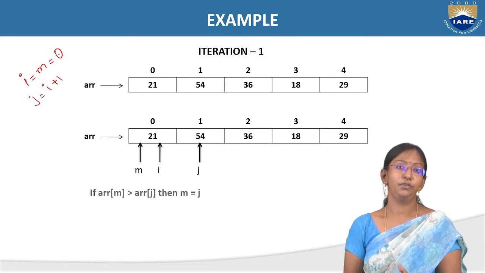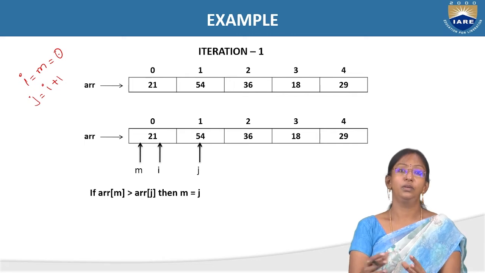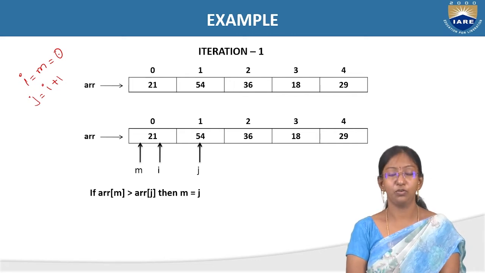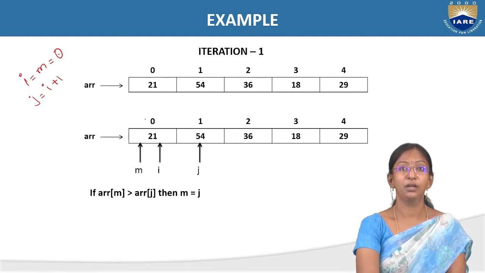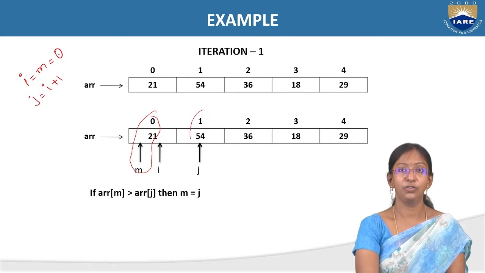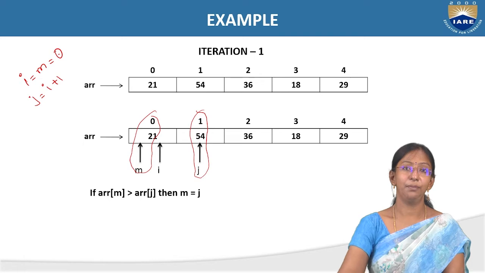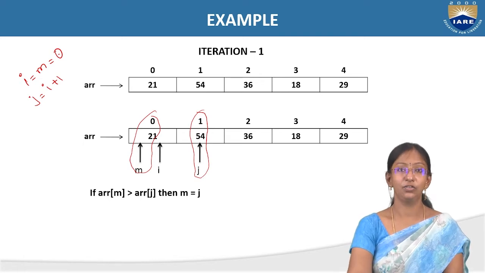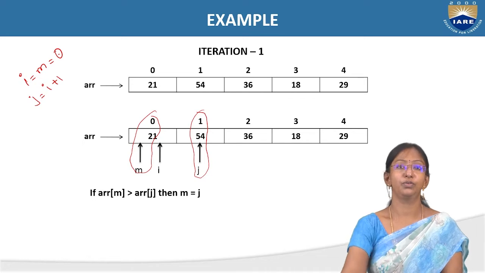So what is the condition I am going to use to do this swapping job? First and foremost, compare the elements pointed to by M and J. If the element pointed to by M is greater than the one at J, then move the pointer M to the J position.